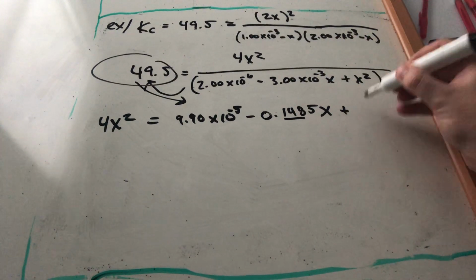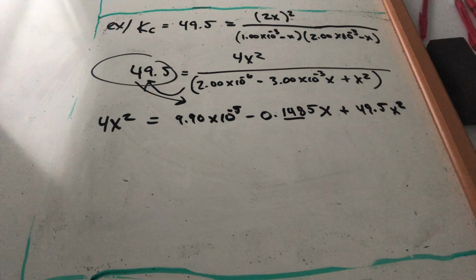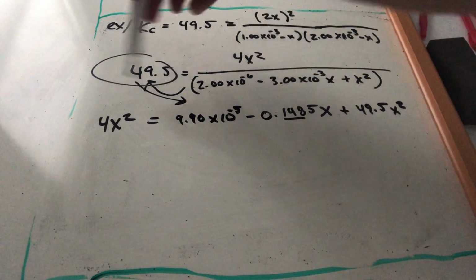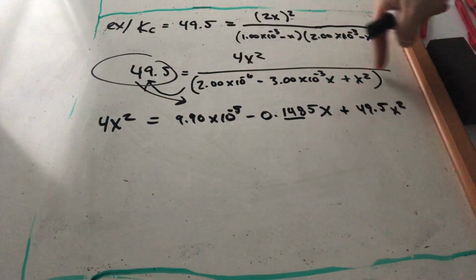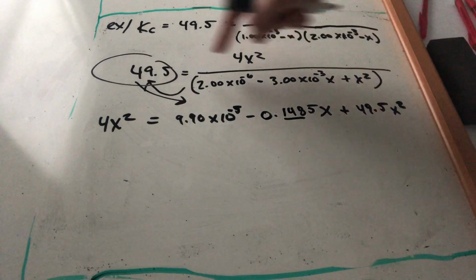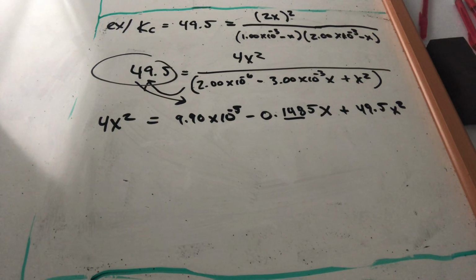And I'm going to get a plus 49.5 x squared. So just to reiterate what I did, I just flipped this equation. I wrote this on this side and this on this side. And then this denominator has to multiply to the 49.5. That's going to be on the opposite side of the equation as the 4x squared. So algebraically, you should be able to come up with that. We're close to writing this like a quadratic.